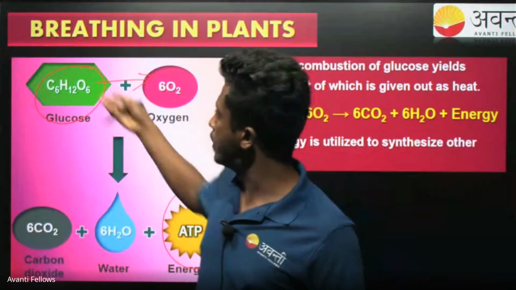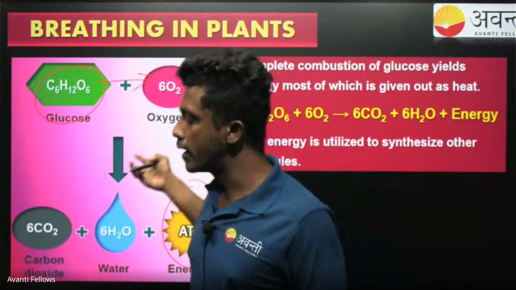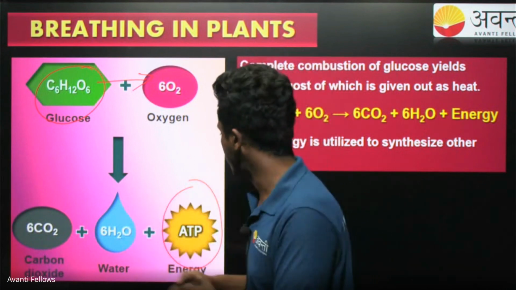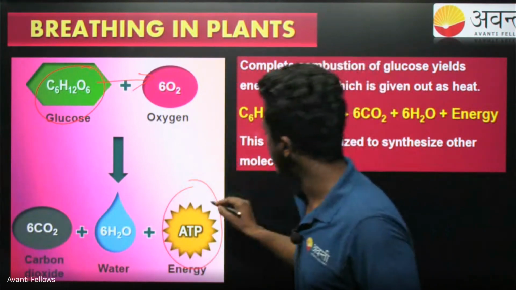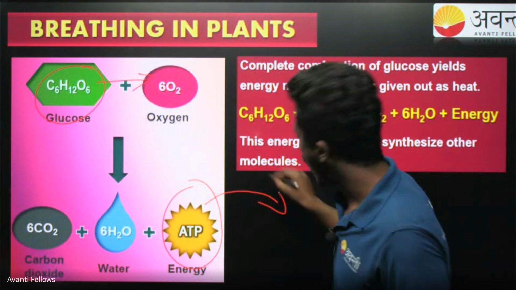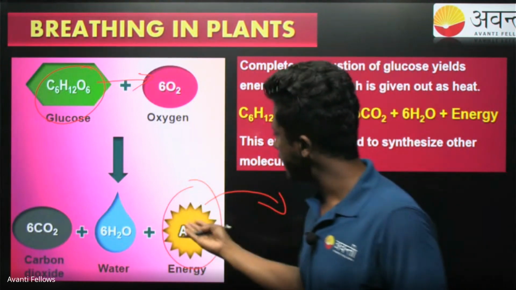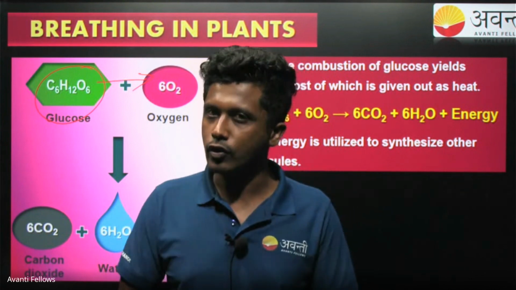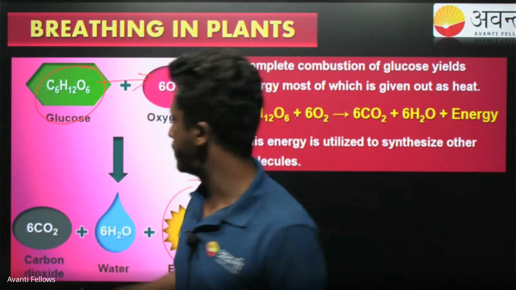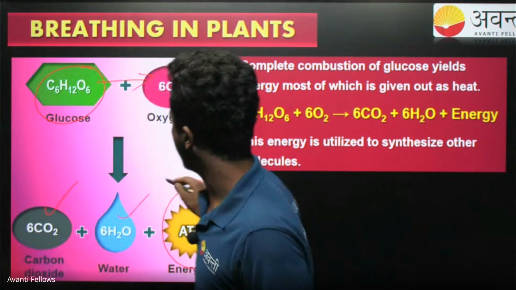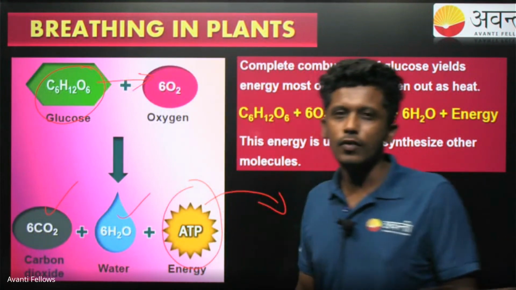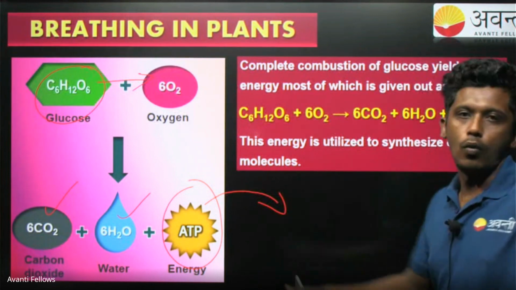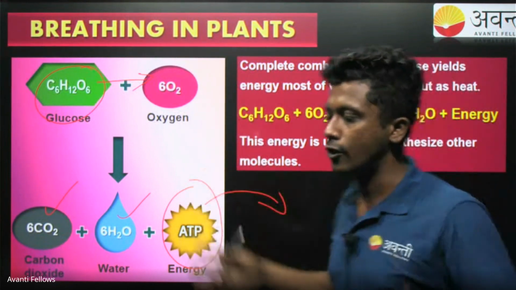As I told you, when you break a complex molecule into simpler molecules, energy is released, and the released energy is stored in the form of chemical bonds. The very common form of currency of energy is the ATP molecule. And the byproducts of respiration would be carbon dioxide and water. This is the simplest way to understand the whole gist of respiration.